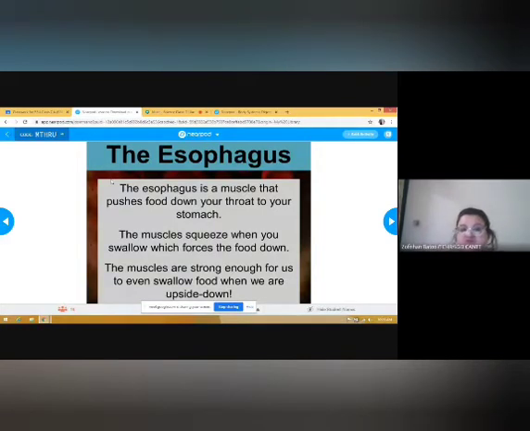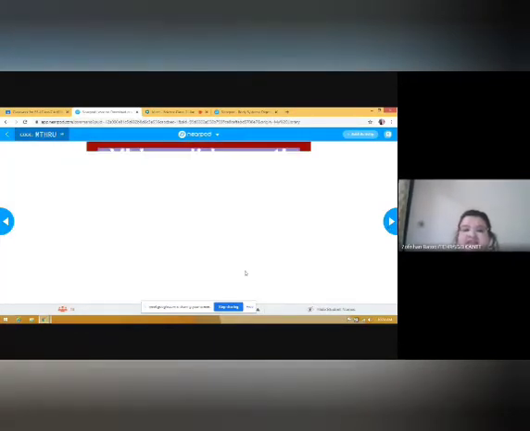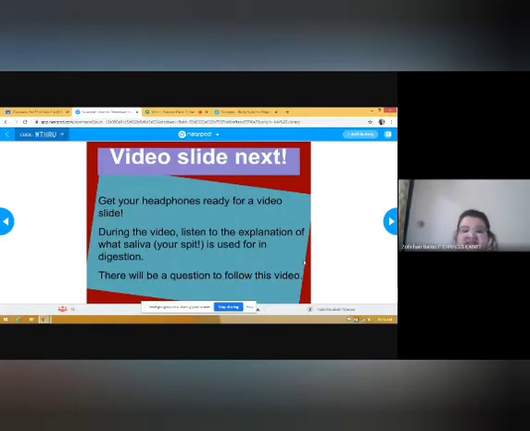All right, so one thing which is important over here is that esophagus, when it is pushing the food down, it is pushing it by some rhythmic movements. All right, and that movement is known as peristalsis.